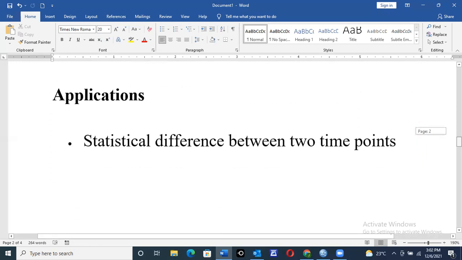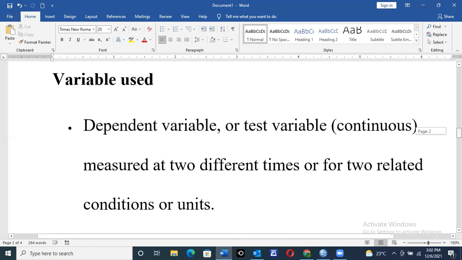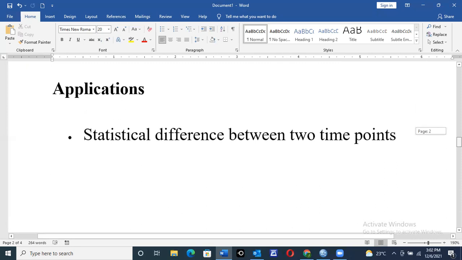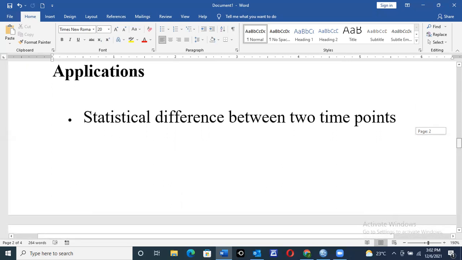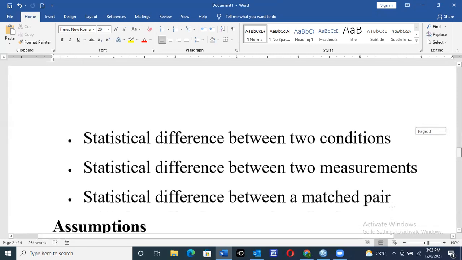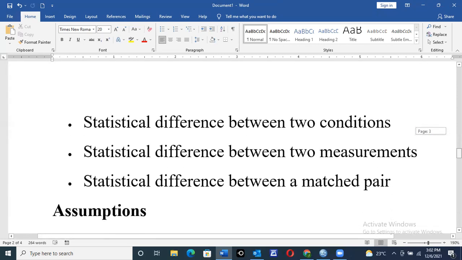So that is one of the things that you really need to know about the variable that you apply in this case. On the other hand, it is being used for different reasons. One is for statistical differences between two time points. The second use is statistical difference between two conditions, and the conditions are highlighted above as the control and the experimental.